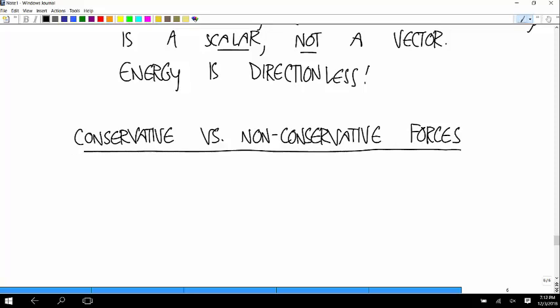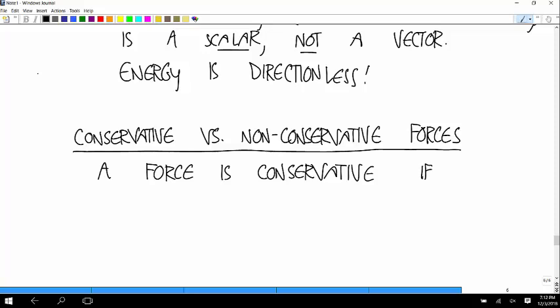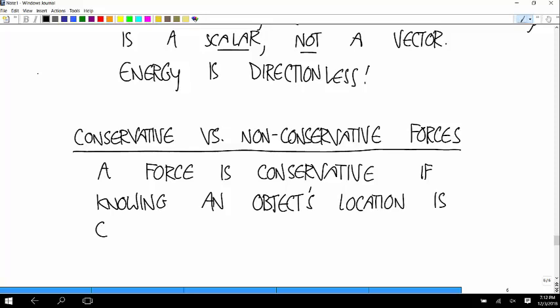So a force is conservative if knowing an object's location is enough information to know the force applied to it.